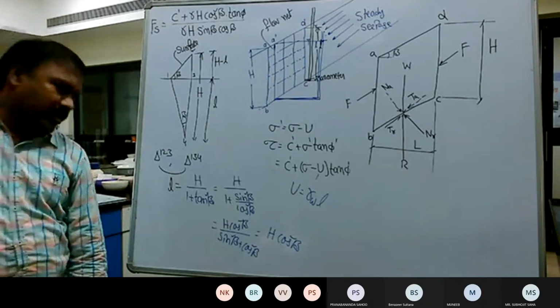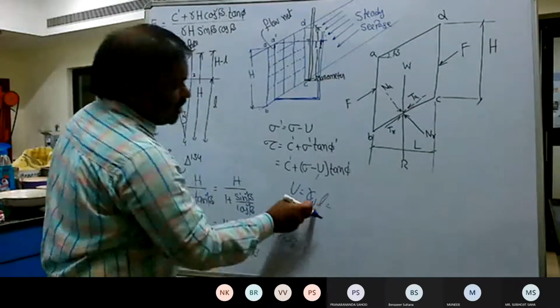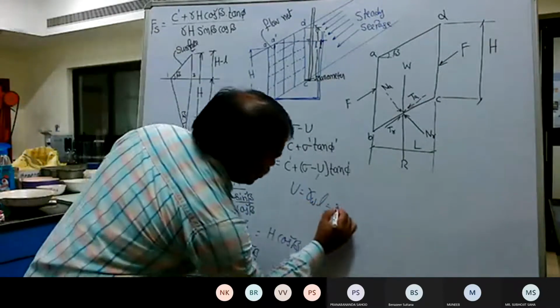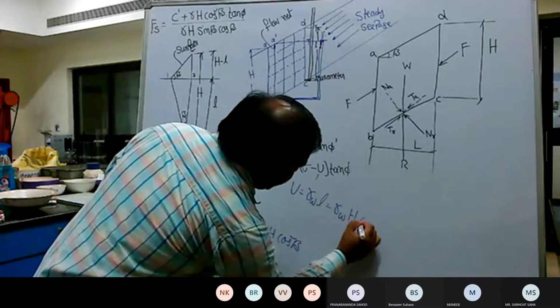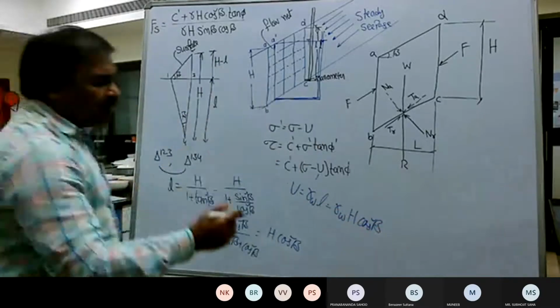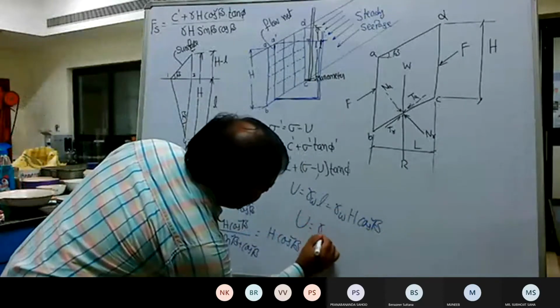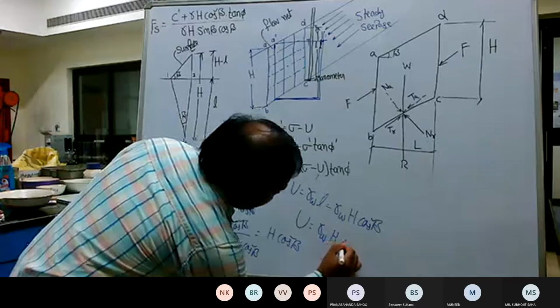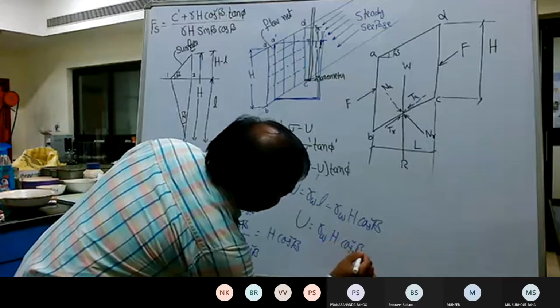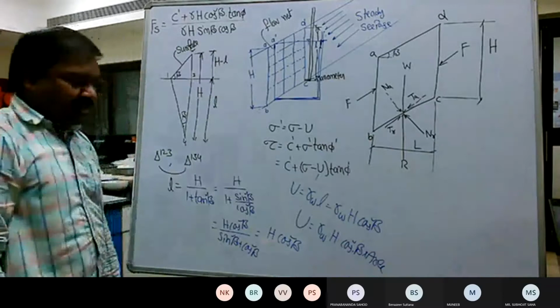Yes, sir. Okay, good. So this is seepage, this is simple seepage force. This can be written as gamma W into H into cos square beta. Now if I convert this into force, capital U, multiply with the area. So gamma W into H into cos square beta multiplied by area, that is the bottommost surface.